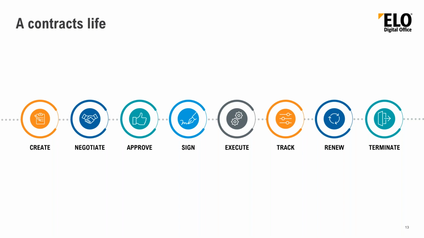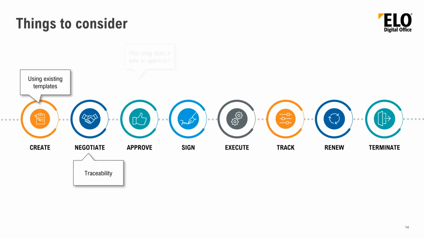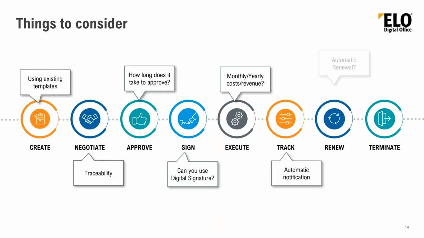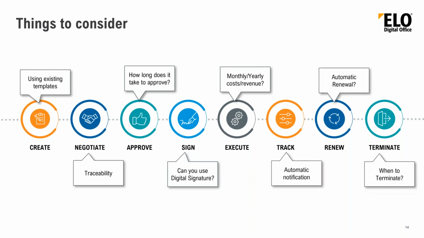And there are some things which we have to consider during this process. So when we create the contract, we should use existing templates. We shouldn't invent the contract every time when we create it new. No, we should use existing templates. And maybe you have templates in your company where you have defined what's in the contract, what the people have to sign.